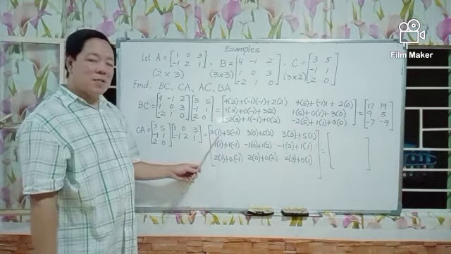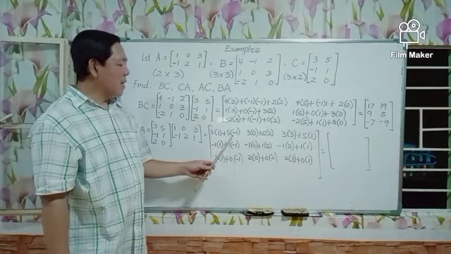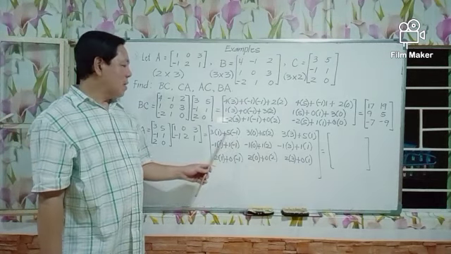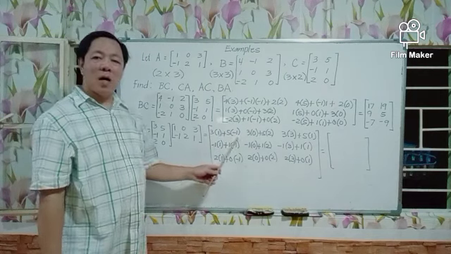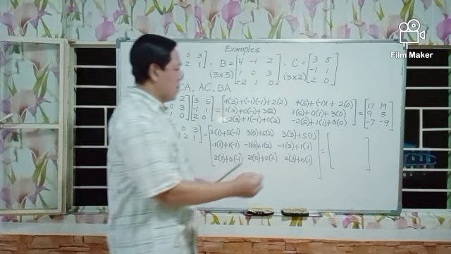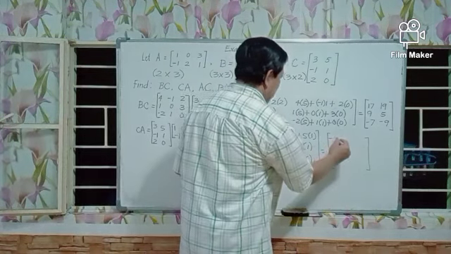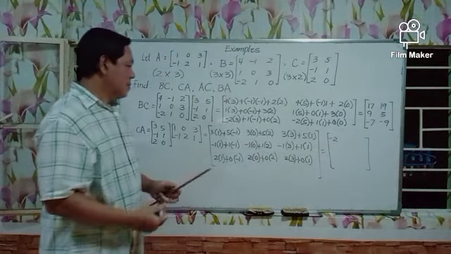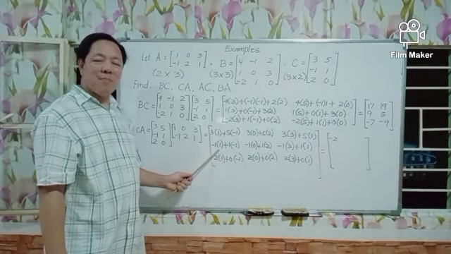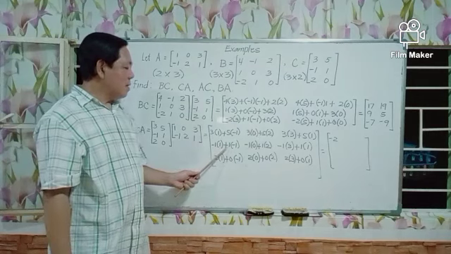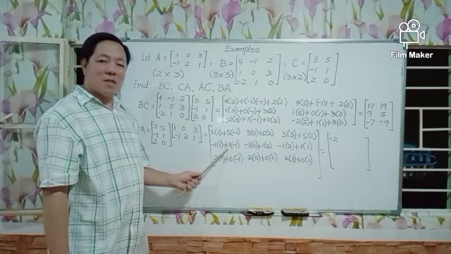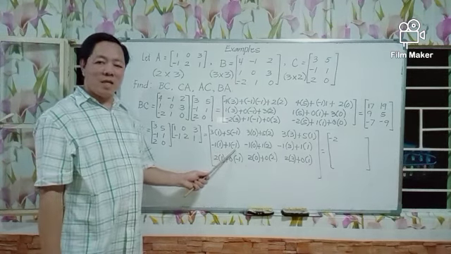3 by 1 is 3. 5 by negative 1 is minus 5. We have 3 minus 5 is negative 2. Next, negative 1 by positive 1 is negative 1. Plus 1 multiplied by negative 1 is negative 1.